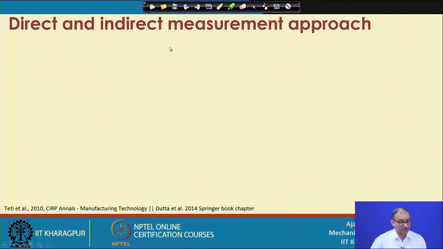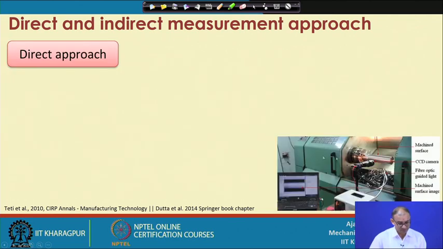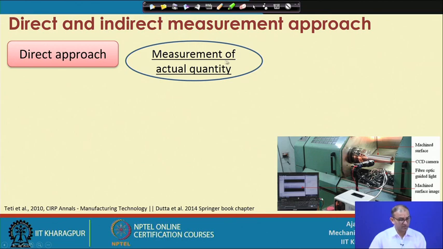Now, coming to the different types of measurement approach, one is the direct measurement approach. What is the direct measurement approach? You do machining and measure the required quantity directly there itself. You do not want any conversion between two different values. So, that is the measurement of the actual quantity. Suppose you want to measure the surface roughness here, then you do not want to convert the force signal into surface roughness by finding some empirical formula.